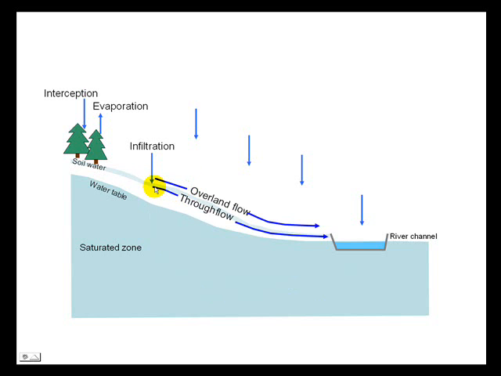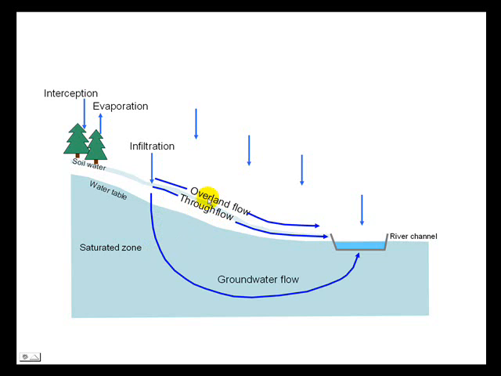and water that does infiltrate the soil may either travel parallel to the surface through the soil layer as throughflow, or it might take a much deeper route, travelling through the underlying aquifer if there is one, as groundwater flow. And these different flow pathways travel at very different rates.